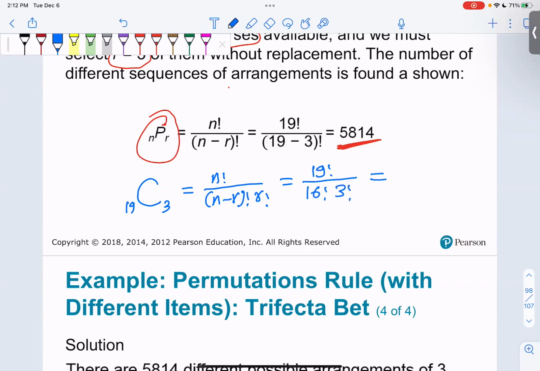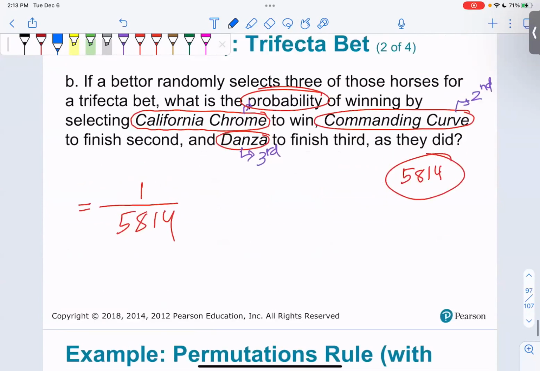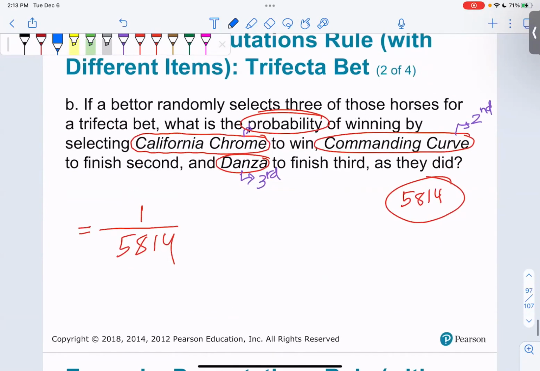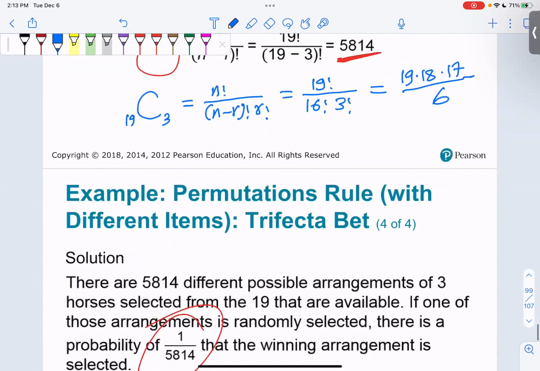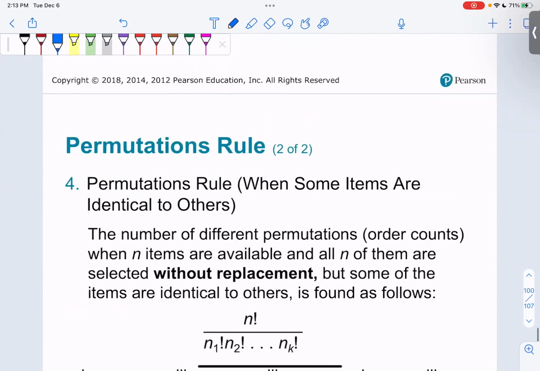So it will be 19 times 18 times 17 divided by 6. So you already have this number, 5,814, divided by 6.